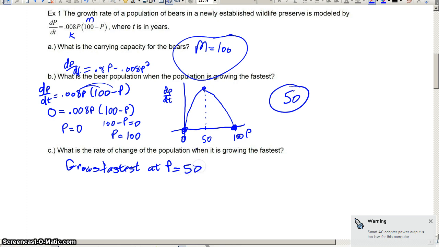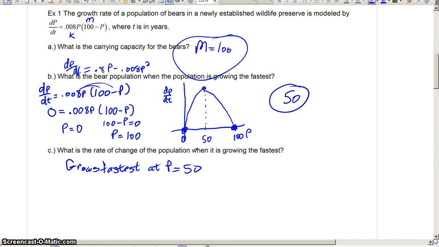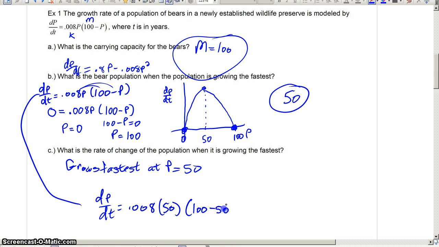So plug that in, and if we were to just work that out, dP/dt would equal 0.008 times 50, and here is 100 minus 50. And of course, we could work this out via calculator. We could even do this by hand. Again, we have limited time here for this video. So for right now, I'm just going to quickly type this in and get 20.